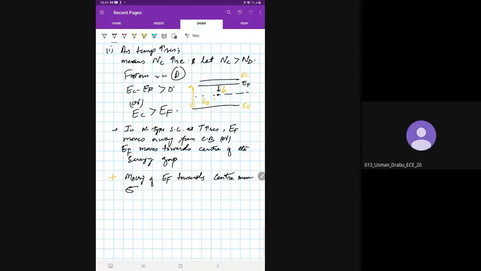What is the conductivity in intrinsic semiconductor? Sir, it will decrease. Decrease, absolutely right.